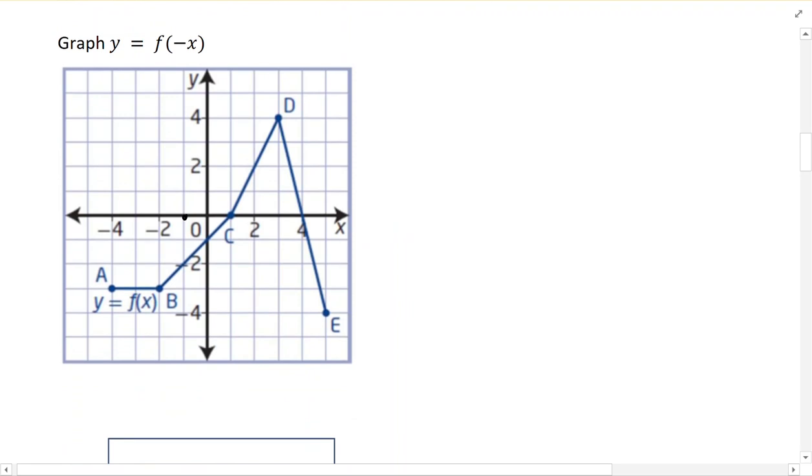Next example here. Very similar, same graph, but instead of having the negative sign outside the function, it is now affecting the input. Similar to before, we have our x and y, but this time our x values are the ones being multiplied by negative.